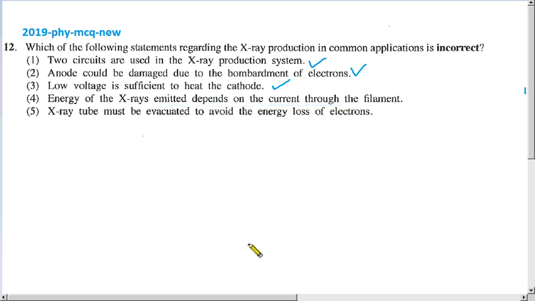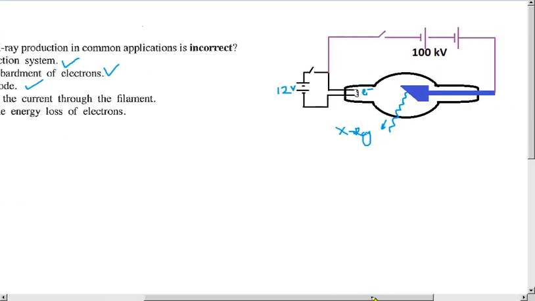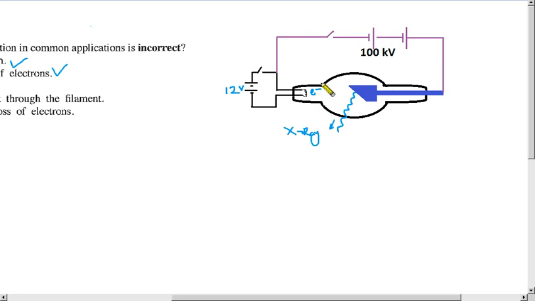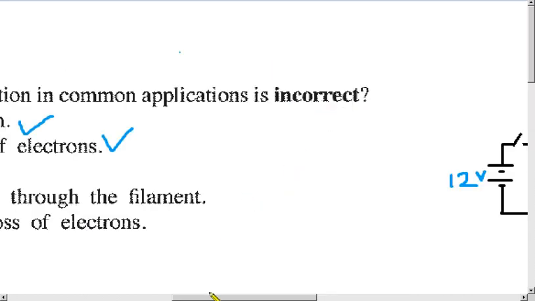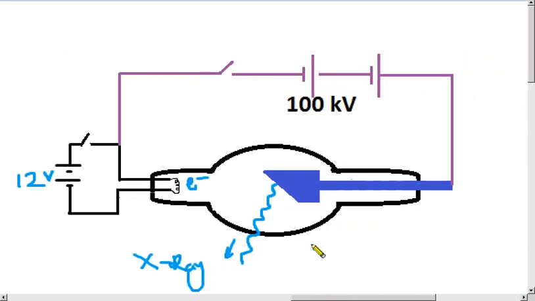Then, energy of the X-rays emitted depends on the current through the filament. That is wrong. The energy of the X-ray is dependent on this voltage, because the high voltage between this cathode and anode is what accelerates these electrons.